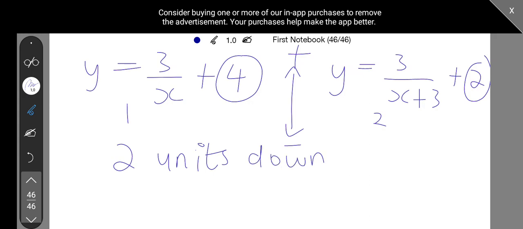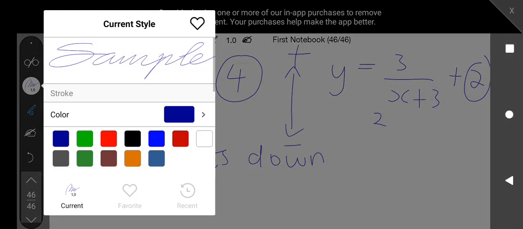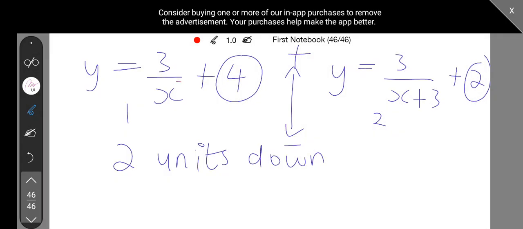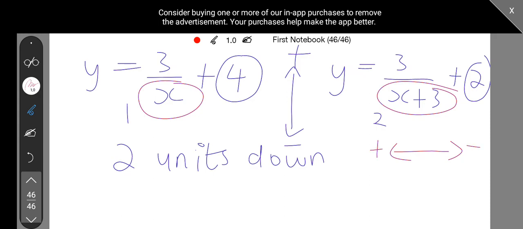Now we are here on x and x plus 3. How did we move from x to x plus 3? We added 3. We said that if it goes to the right, we minus, and if it goes to the left, we add.